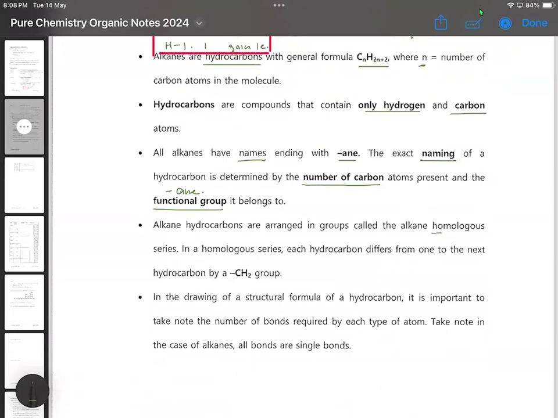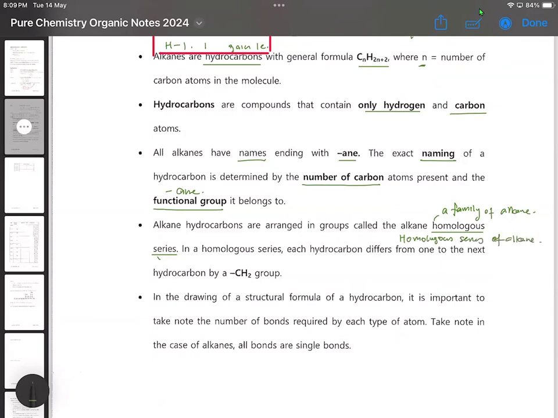Okay, homologous series. So what is a homologous series? It's a complex term that simply means a family. I can call it the homologous series of alkanes.